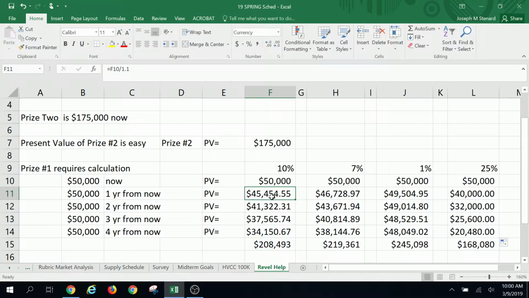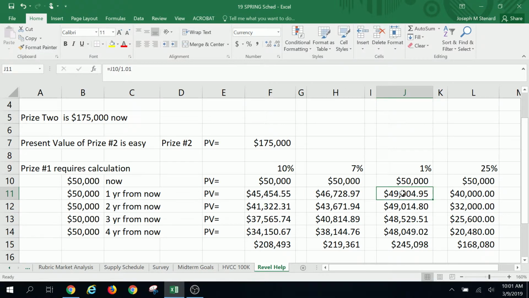Now, if we click on that particular cell, we can see what I wrote. I wrote that the number in this cell is going to equal whatever is over here, the 50,000, divided by 1.1. Now, the reason it's 1.1 is because of the formula 1 plus the percentage rate. Over here, if I was using a 7% interest rate, it would be the value of 50,000 divided by 1.07.